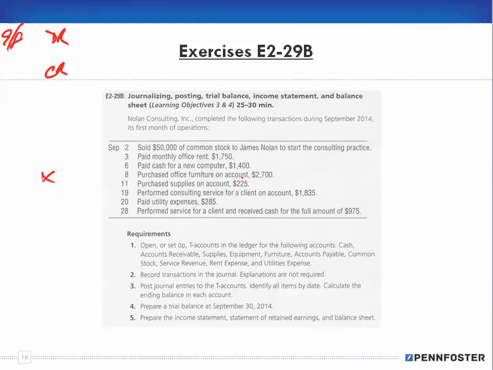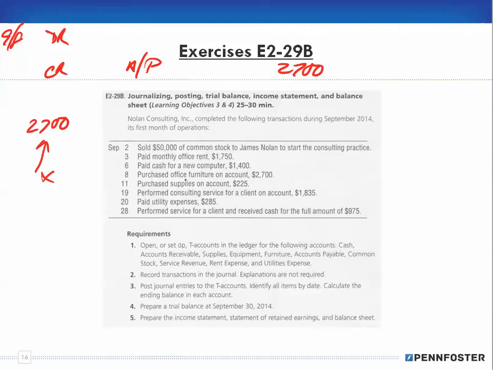So if I'm purchasing the office furniture on account and I know it's an accounts payable, I'm increasing the amount I owe by $2,700. So if I'm increasing my accounts payable, and accounts payable is a liability, I increase my liabilities on the credit side. So I would have a credit to accounts payable for $2,700, right? That means I have to debit something else.